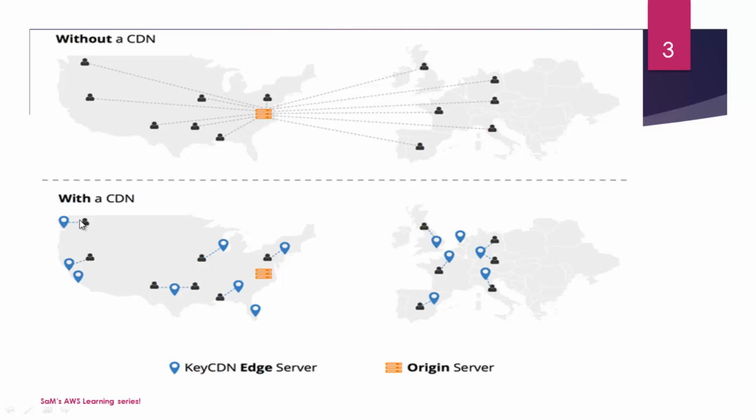So the first time, the request will travel all the way from the user's geographical location to the origin server location. But from the next time onwards, it's going to be taken care of by the edge server. The edge server will provide the contents stored in its cache, thereby reducing the network latency and improving the data transfer speed. This is the idea behind CDN. Now I think you can see why it is so important.